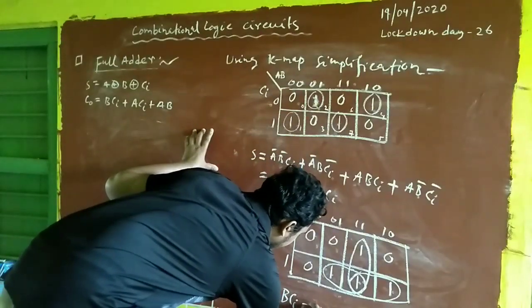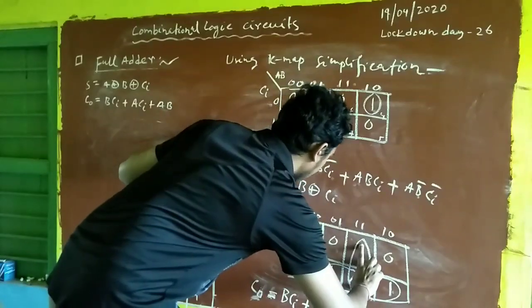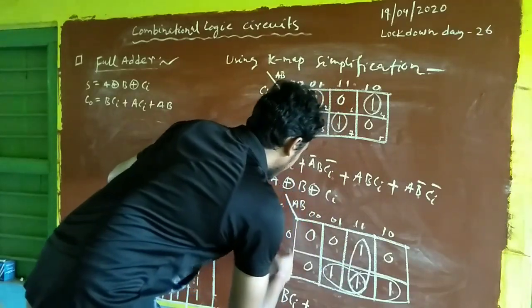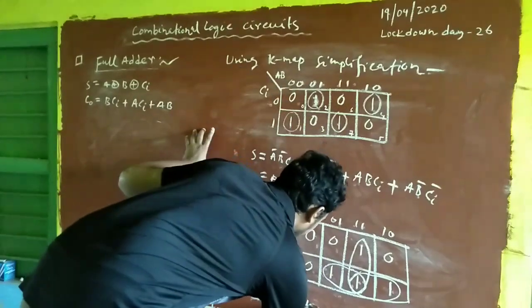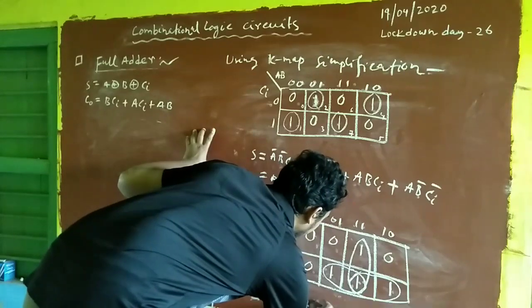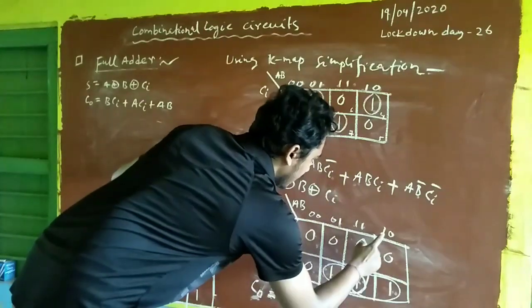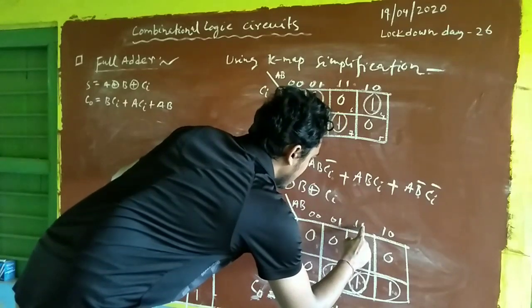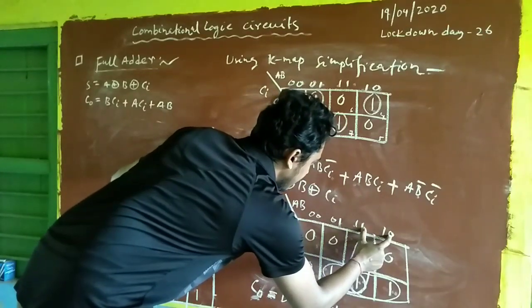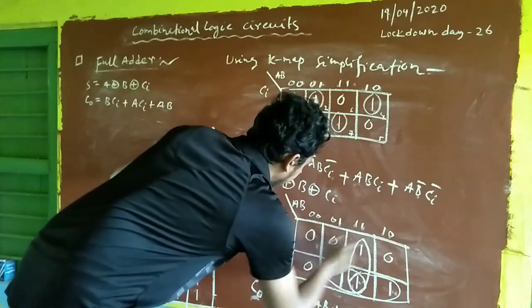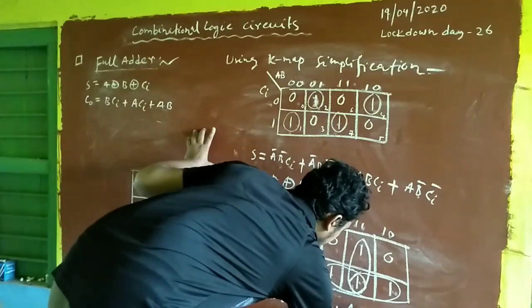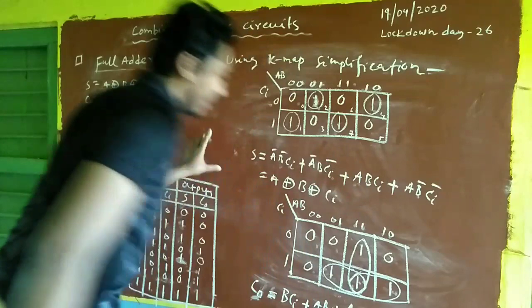Plus for this pair, Ci is eliminated, so it is nothing but AB. And for this pair, B is eliminated because B is 1 here and B is 0 here, so it is A Ci.